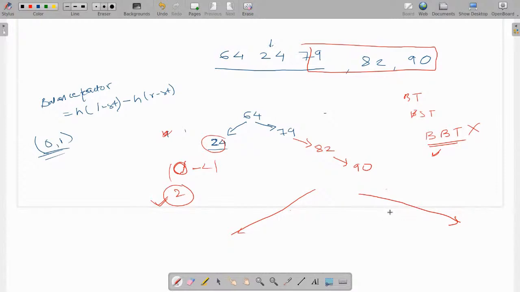In both cases, one side's length will be greater than the other. So the tree will lose its balanced nature.